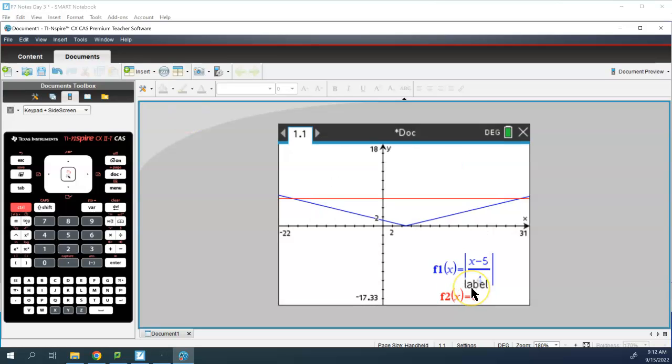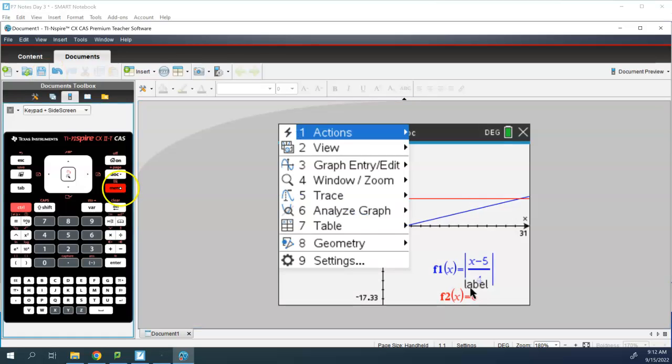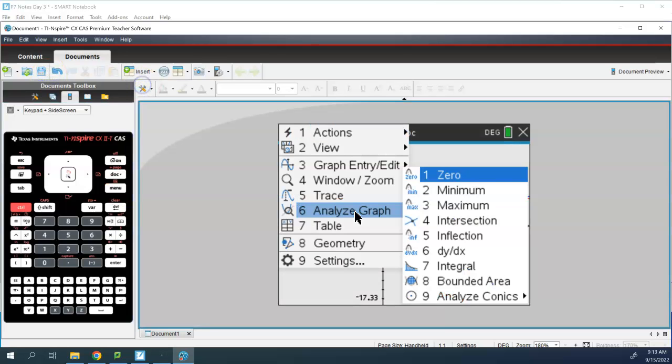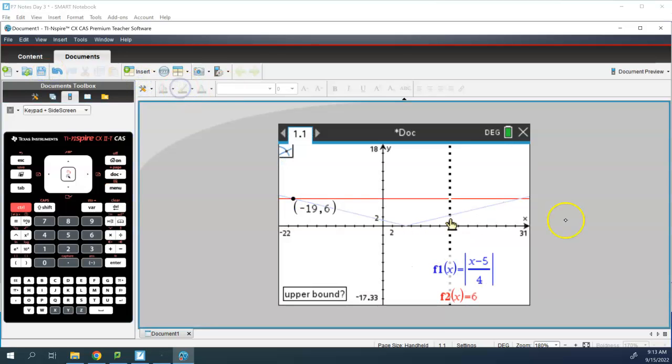Mine isn't zooming it in and out, it's just moving it. So then you're not grabbing onto the axes. Okay. Yeah. If it's just sliding it back and forth, then you're not grabbing onto the axes. Menu, analyze, intersection. Got it? Menu, analyze, intersection.